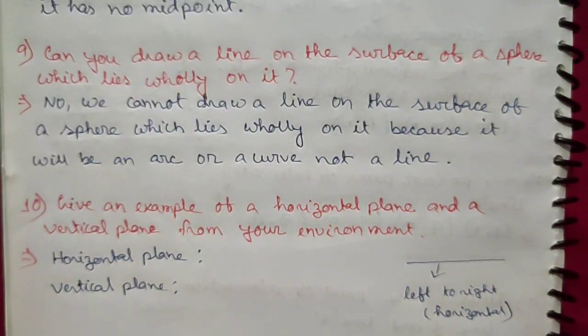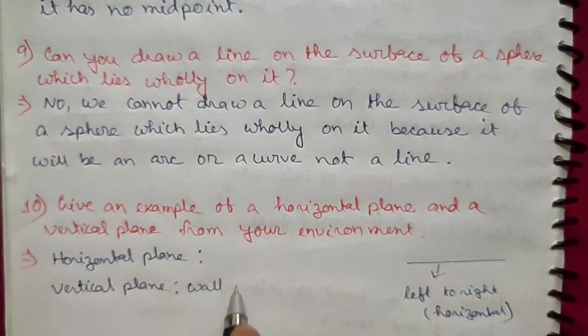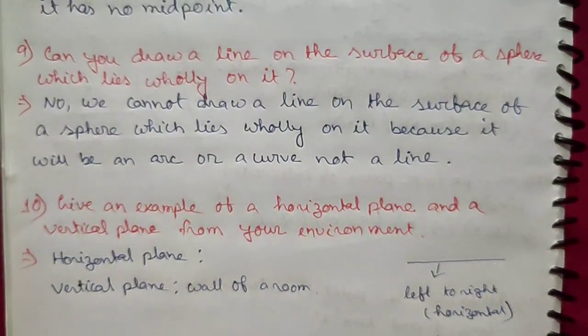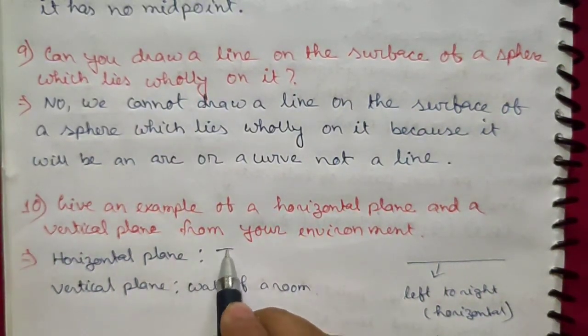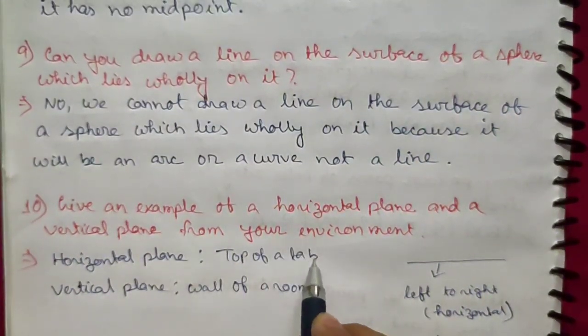So for a vertical plane, we can say the wall of a room. The wall of a room is an example of a vertical plane, and a horizontal plane is the top of a table, right?